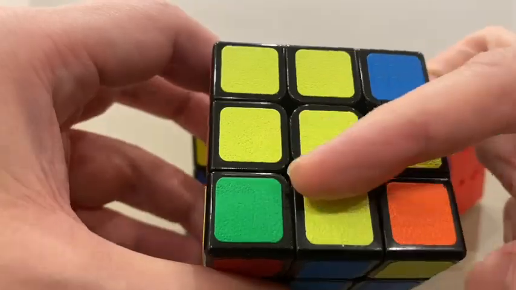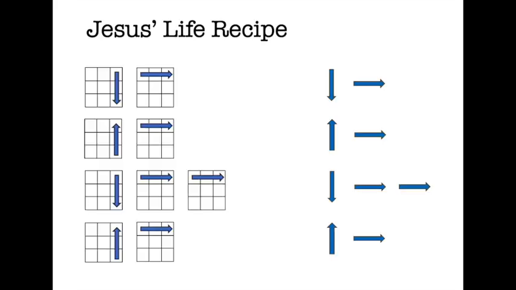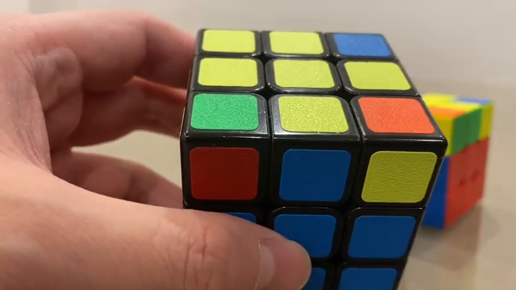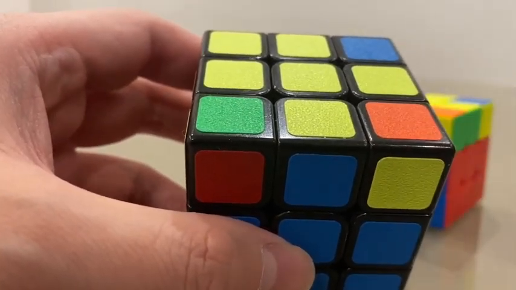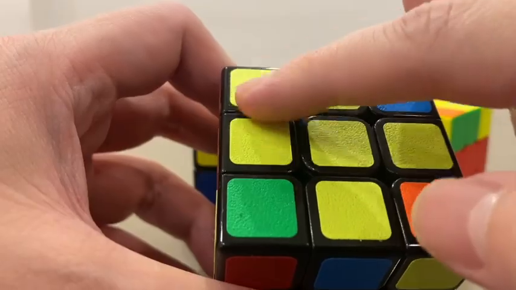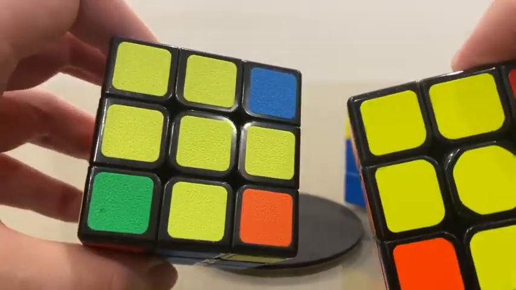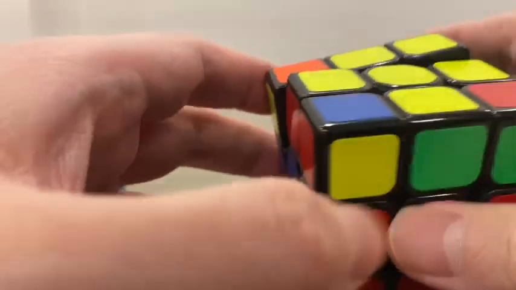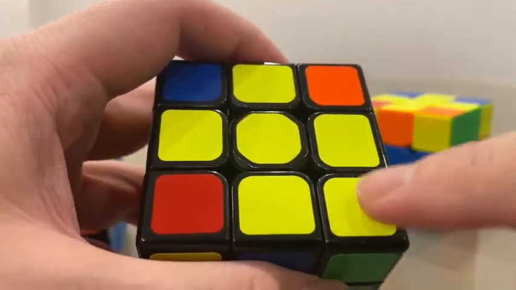So for this one, what to do? Just use the Jesus Live recipe that I have taught and put this in the correct starting position. And what is the correct starting position? When we have got one and only one yellow corner, like this or this, we should not put the yellow corner elsewhere.